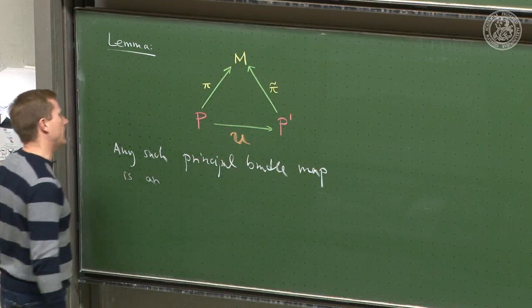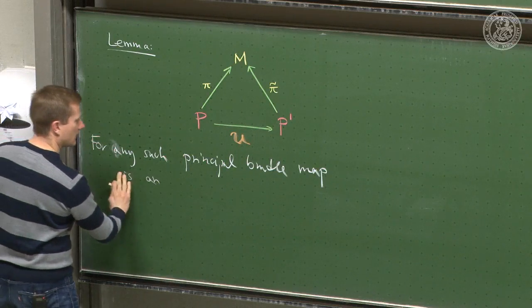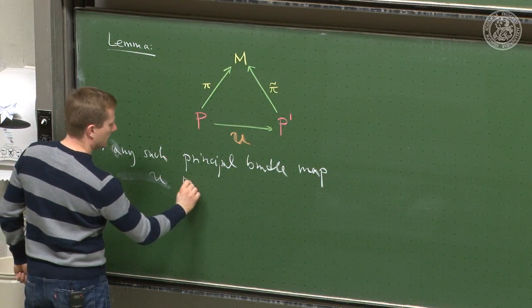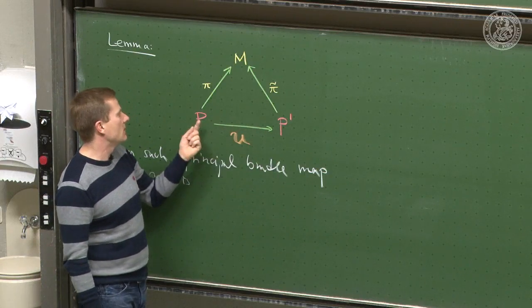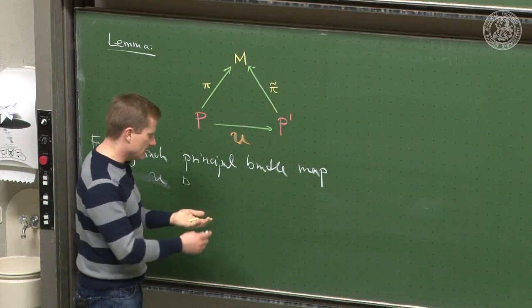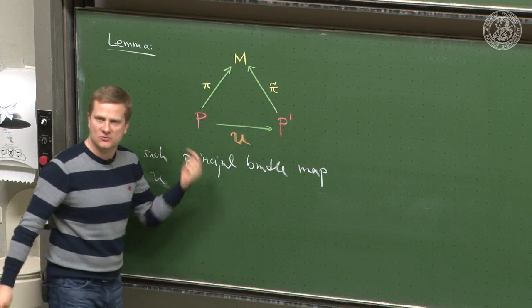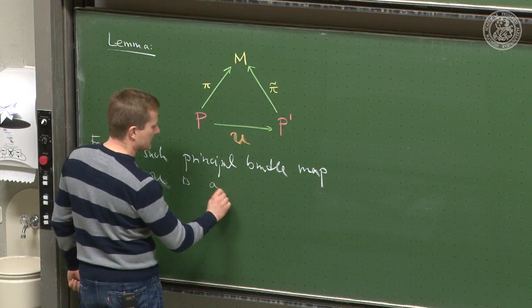Okay, so for any such principal bundle map, U is an isomorphism, but what an isomorphism is depends on what kind of structure this is. So if they're smooth manifolds, it's a diffeomorphism. The important thing is it's invertible, right? It's one-to-one and surjective. U is, let me write, a diffeomorphism.